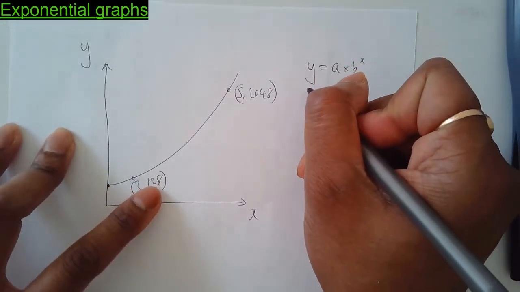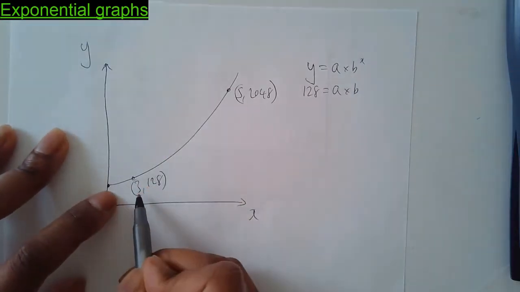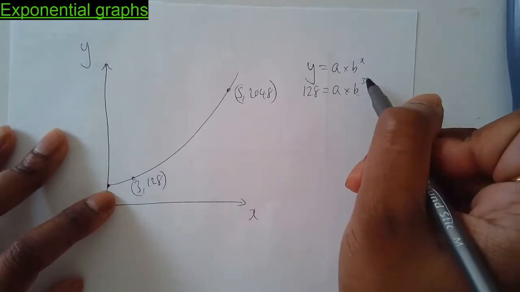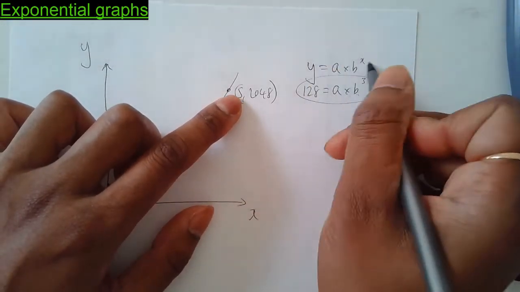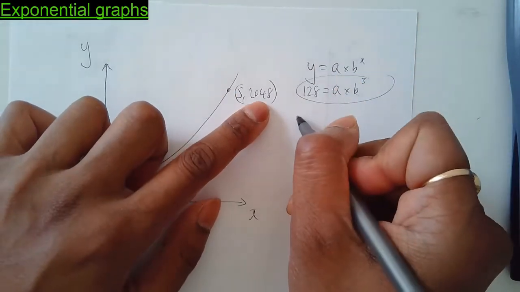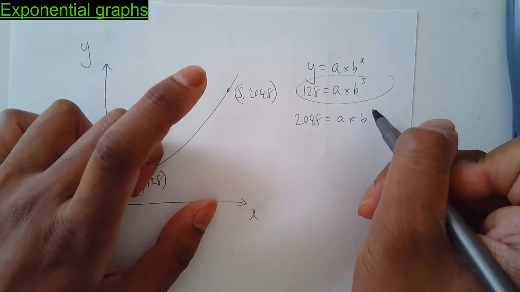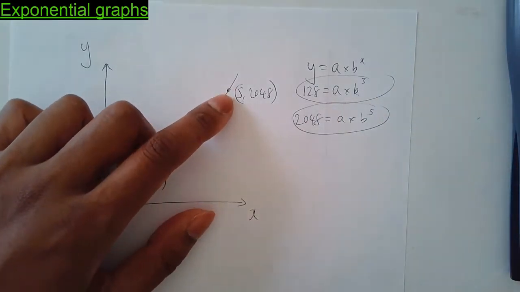Y is 128, a times b to the power of 3. Two unknowns there, that's a bit useless. Let's substitute these now into this. Y is 2048 when x is 5. Two unknowns there, but what we can do is divide.